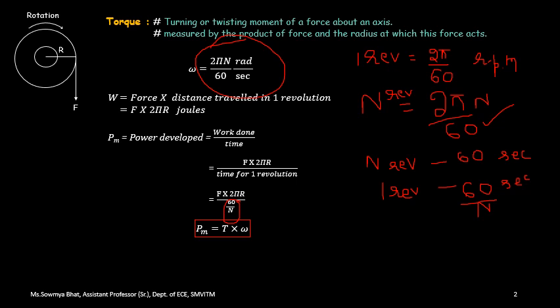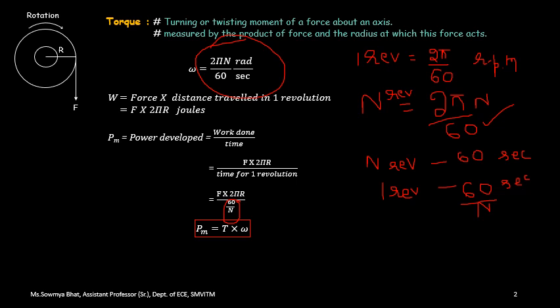Now if I want to express the power developed in the motor, I have F into 2 pi r, which is the work over here, and 2 pi n by 60 is written in terms of omega over here.